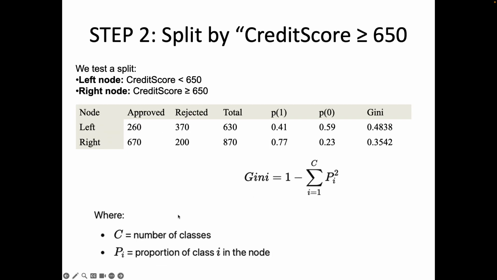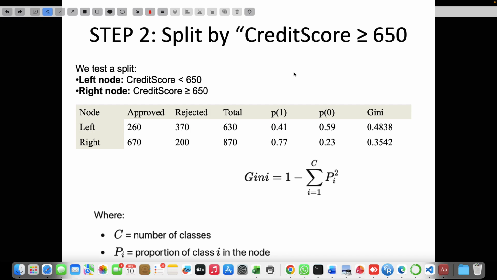Now, if we look at it, the first branch would be calculated something like that, right? This is your root, because it's a decision tree, right?